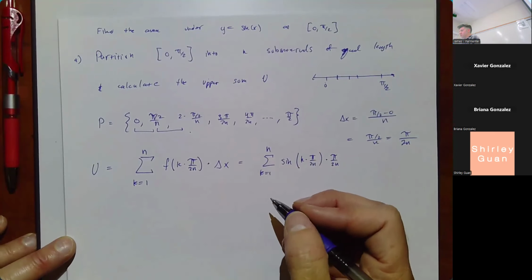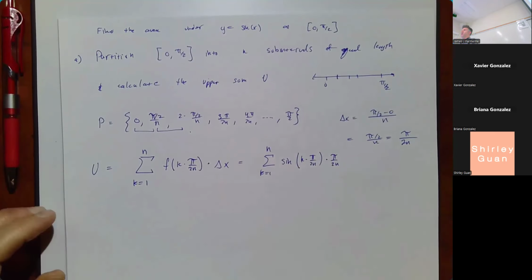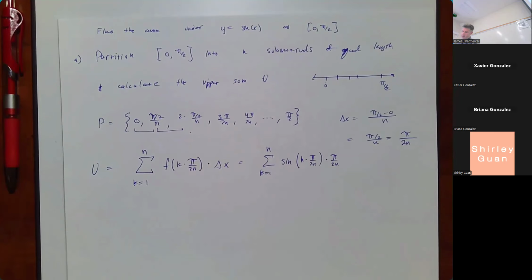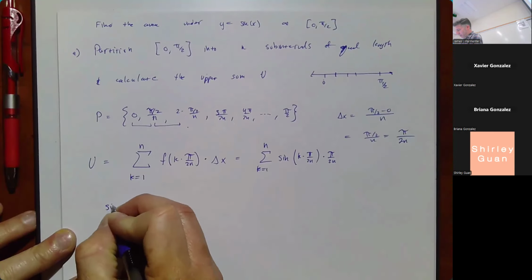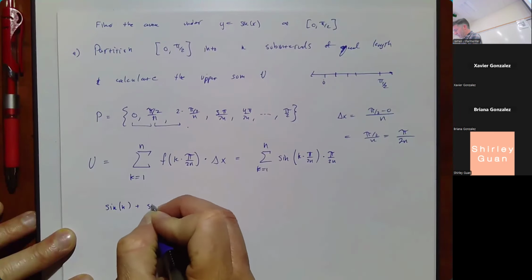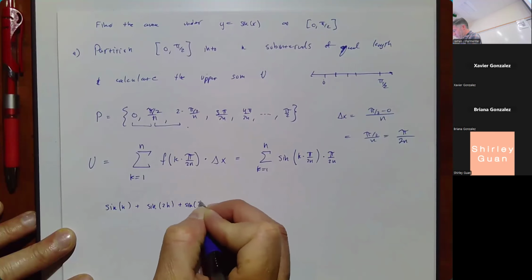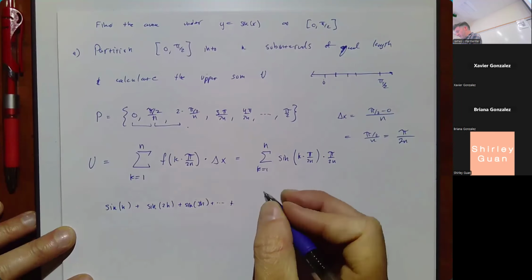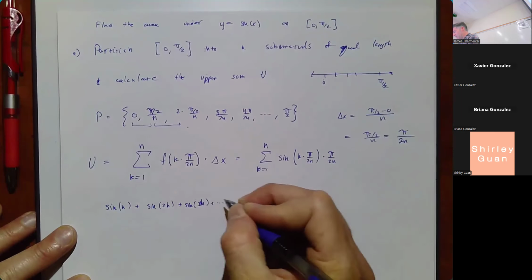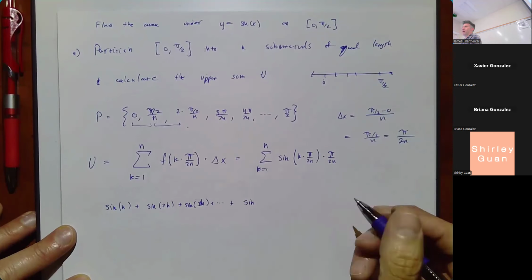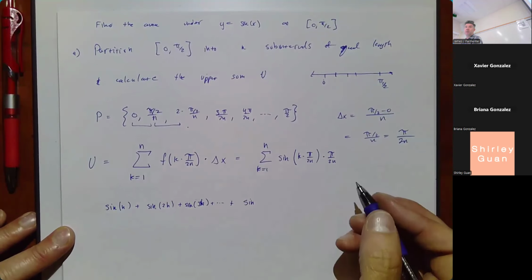And we probably need to simplify this as much as possible. So he gives us this crazy formula, which is that sine of h plus sine of 2h plus sine of 3h all the way to, this is where it's kind of terrible, he says sine of mh. I'm going to change m to n because we have an n.